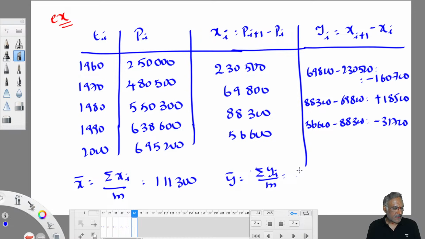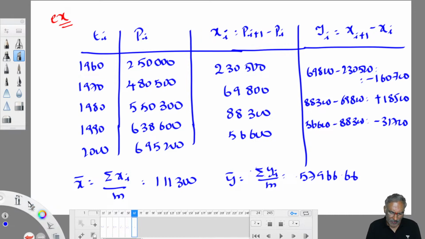So with sign you have to take: minus 1,60,700 plus 18,500 minus 31,700 by 3. So it is minus 57,966.66. So we got x bar value, y bar value.